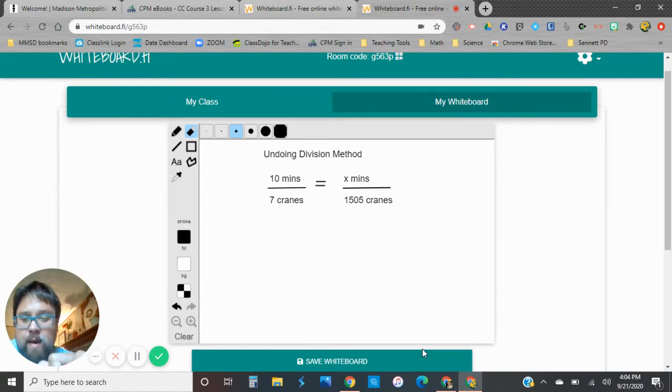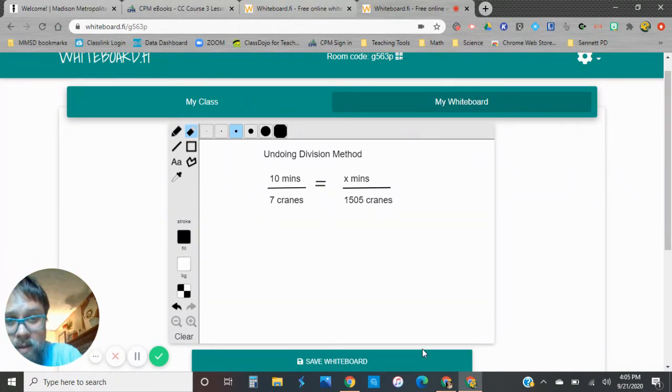So on both sides of the equation, to keep it balanced, always do everything on both sides. If you're going to do something, do it on both sides. So the inverse operation is going to be times or multiply by 1,505. In this case, I'm going to do 1,505 over 1 as a fraction because I'm working with fractions.